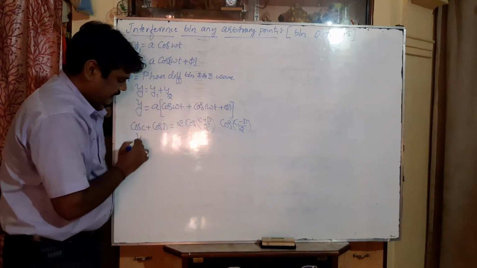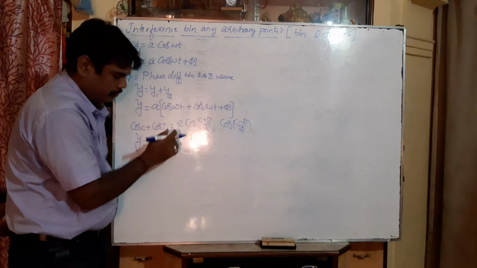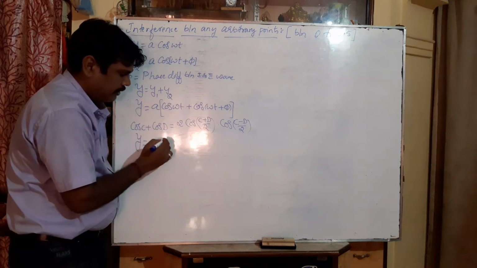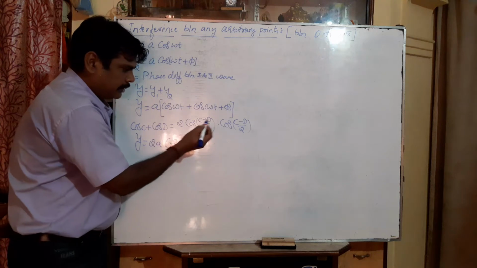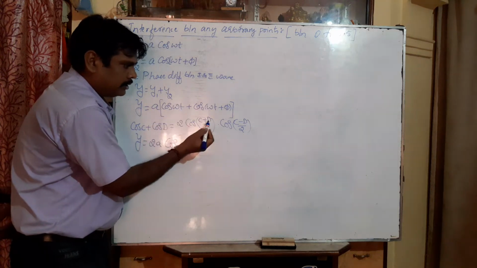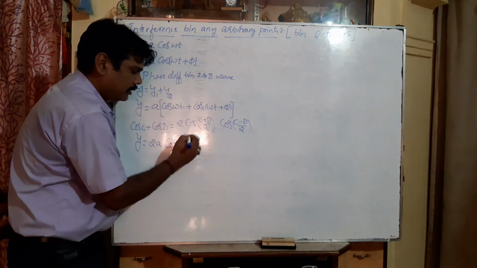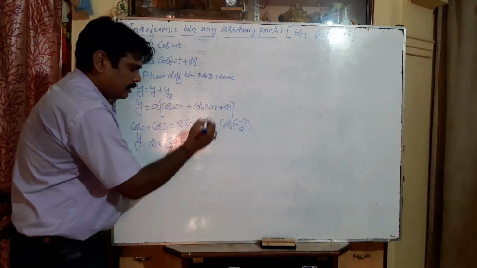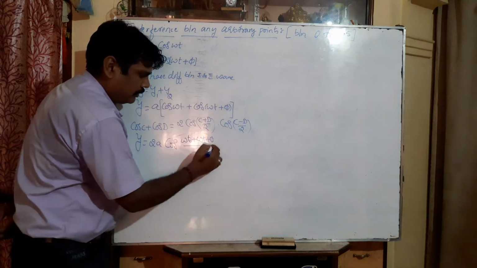So now in the next step, y is equal to a, here, 2 from the formula, it will become 2a into, the first term is cos of c plus d. It means c is omega t, d is omega t plus phi. It will become omega t plus omega t plus phi whole divided by 2.